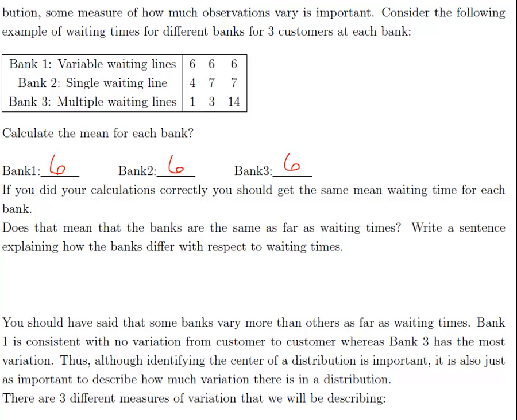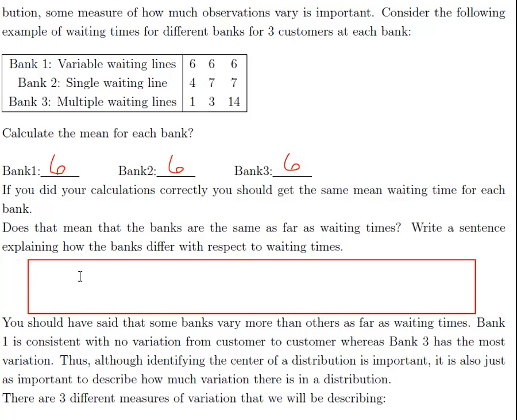And so if we wanted to, in words, just describe what was going on, we would say that bank 1 was the most consistent with regards to waiting time, and bank 3 was the least consistent, with bank 2 being in the middle.